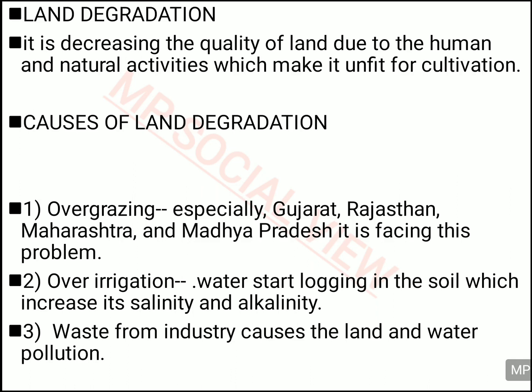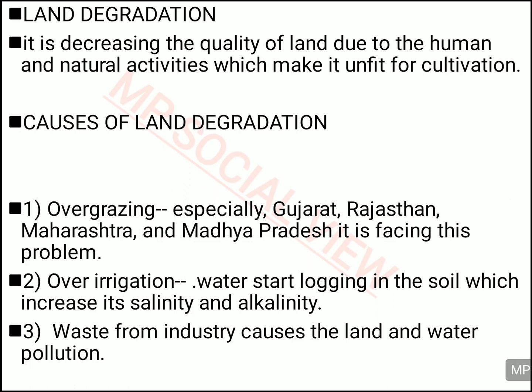Alright. And then the other reason for degradation of land is over irrigation. Sometimes when water logs stay in the land for a long time, it increases the salinity and alkalinity of the soil, and it makes the soil degrade and ultimately makes the land degrade.